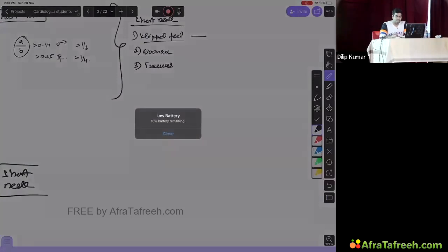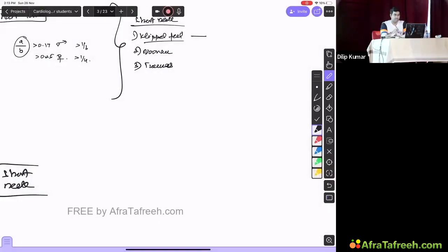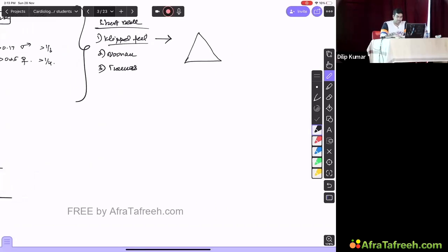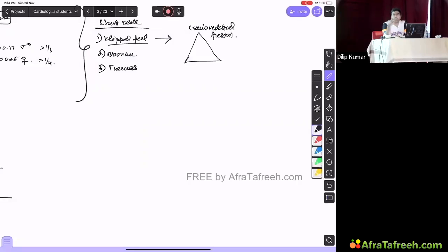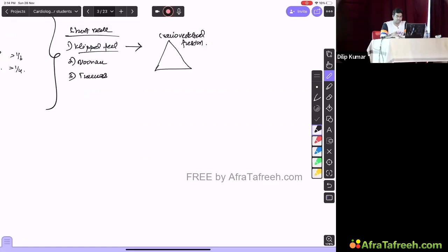So in the Klippel-Feil anomaly, we'll have a characteristic triad. So that is called craniovertebral fusion. So what do you mean by craniovertebral fusion? As I told you, one or more cervical vertebrae can be fused with each other. That's why you get that short neck. So craniovertebral fusion. Based on this, you have multiple different types of Klippel-Feil.